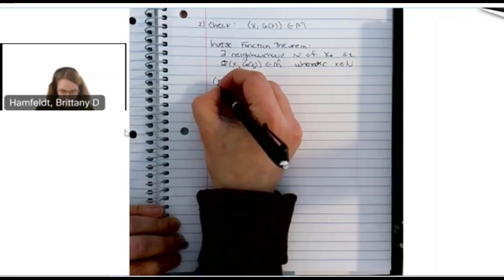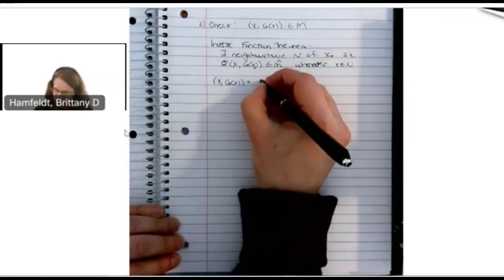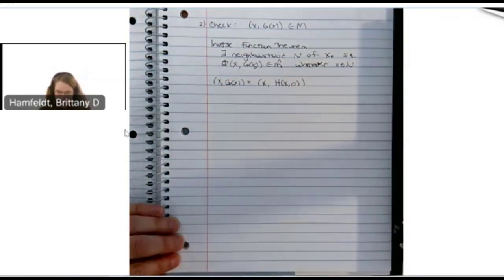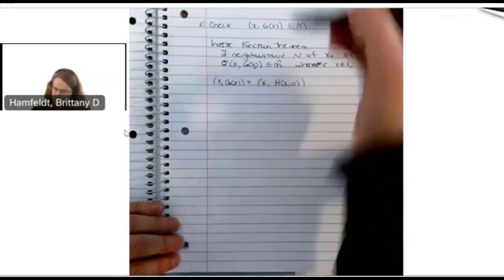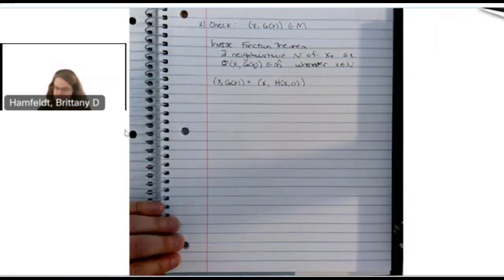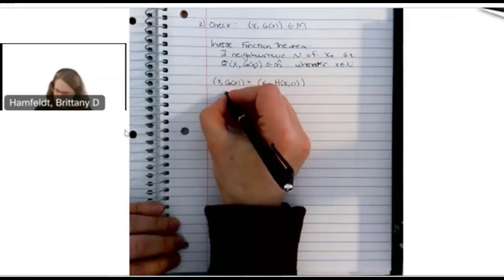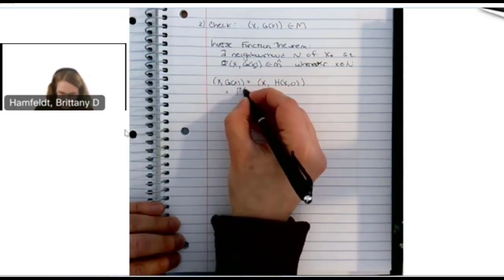We're going to try to say what happens to x and g of x. This is x and h. Right? And these are the points we're trying to check. Well, this has precisely the form of our gamma function.